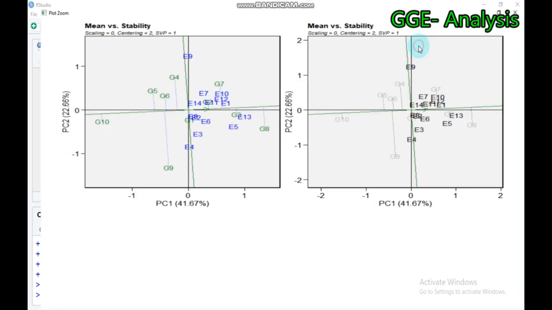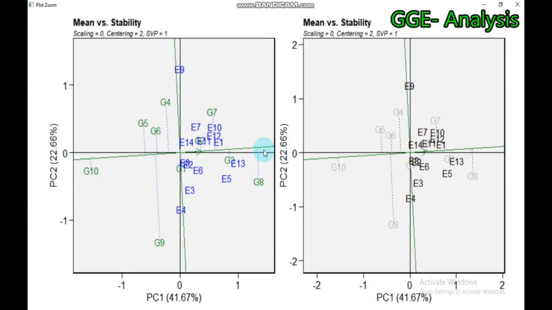On the basis of this graph, as you see here, there is a line that comes here, and sometimes you can also use a circle. On the basis of this, it clearly shows that the visualization of the mean and stability of genotypes is achieved by drawing an average environmental coordinate on the genotype-focused biplot.